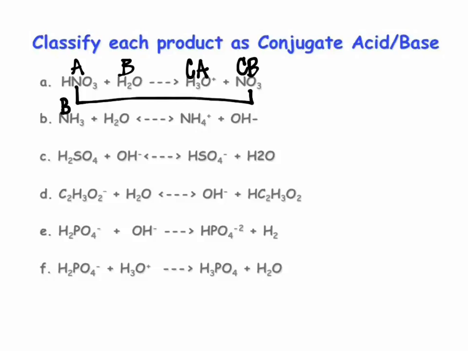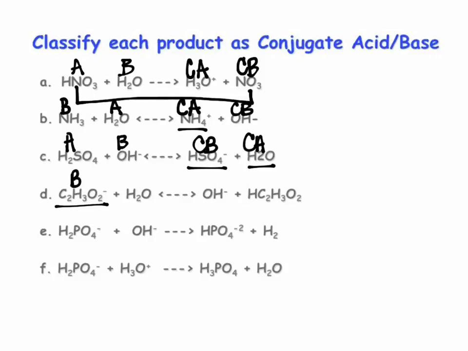Here we have base and we have acid. So what is this one? NH4 plus, conjugate acid. OH minus is the conjugate base. H2SO4 is my acid, this is my base. So HSO4 minus is what? Conjugate base. And water is my conjugate acid.